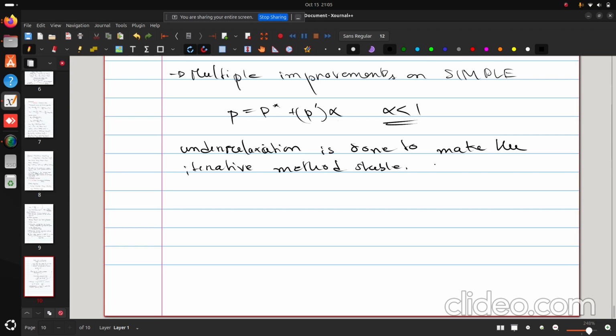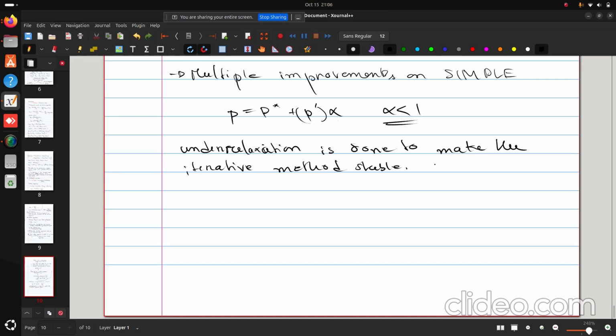Okay, so we have covered all the pressure velocity coupling algorithms that are being used in the CFD community. This is because of the fact that we do not have a transport equation for the pressure.